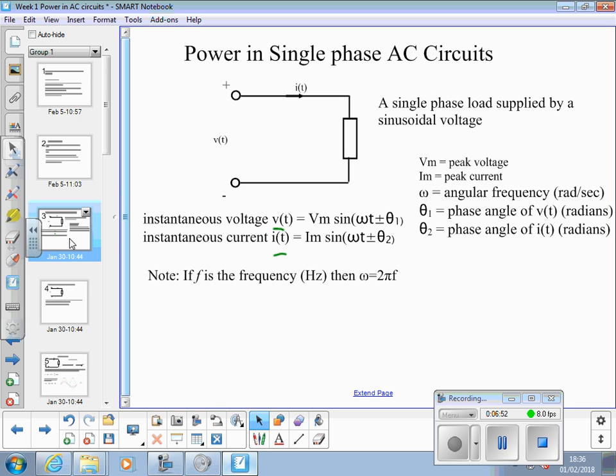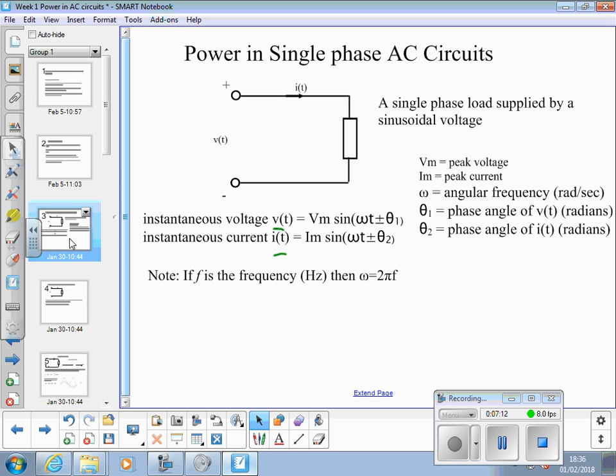If the frequency f is in hertz, then omega is equal to 2 pi f. And sometimes we'll be needing to know that value, sometimes we'll be working with it as omega, but always in radians. So your calculator's going to need to be in radians when you're doing that.